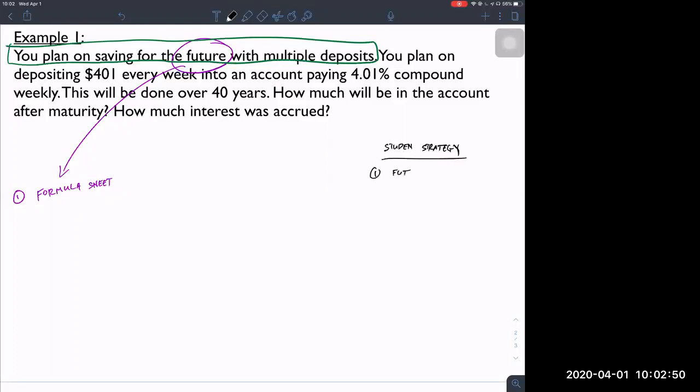Number one, you realize it's future. Number two, find a problem. Find a matching problem. But then my proposal is, what if you don't find it?